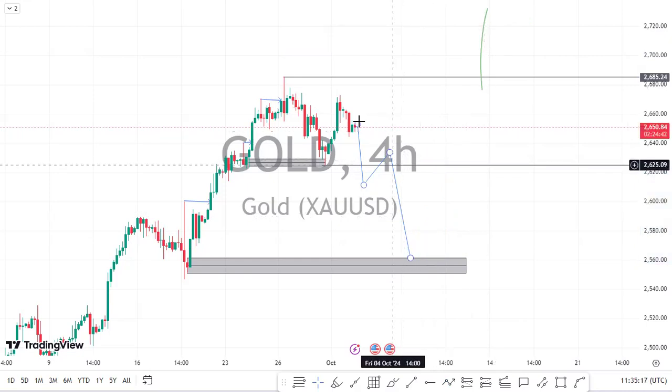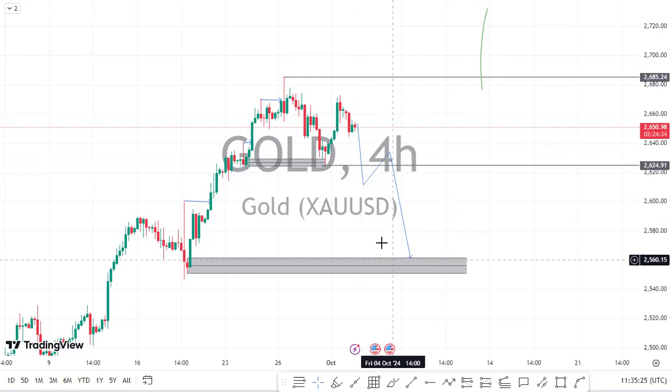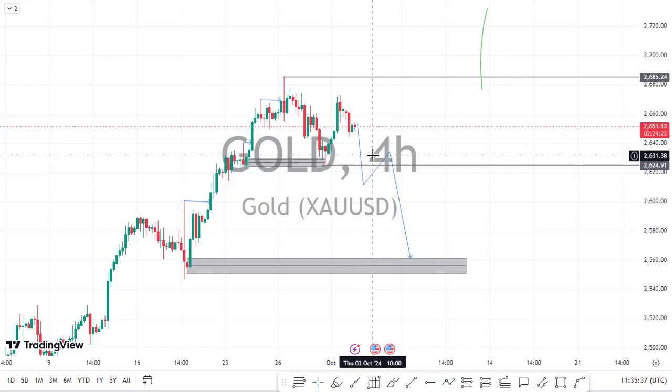But if price comes back, sweeps liquidity in these 4 hours and closes bullish back above 2624, when I say liquidity sweep, then the next thing I will look for is bullish evidence and I will buy. So that is good.